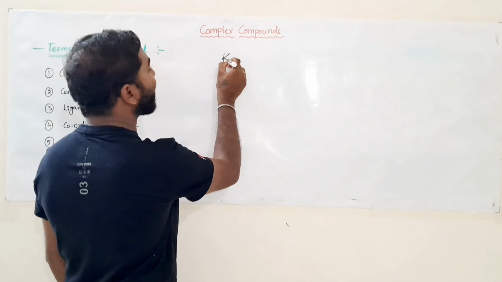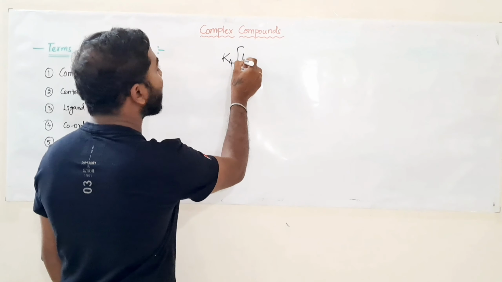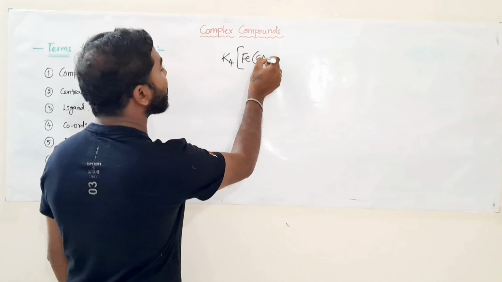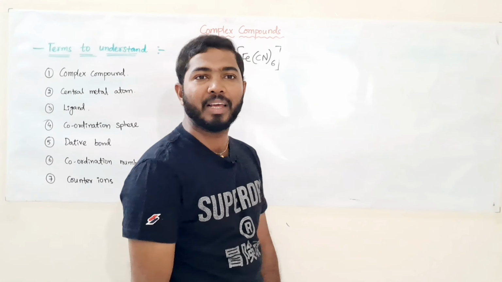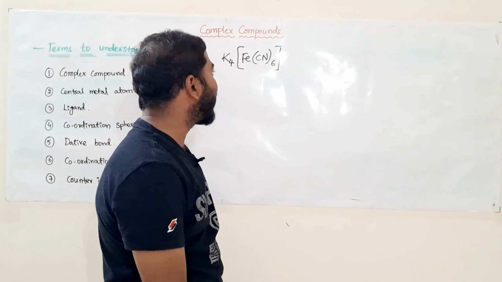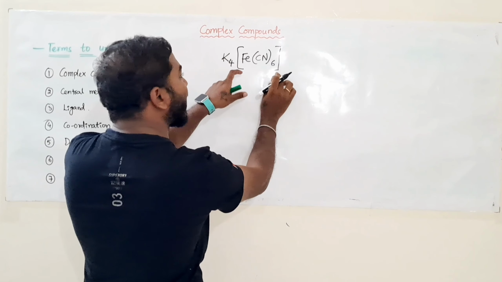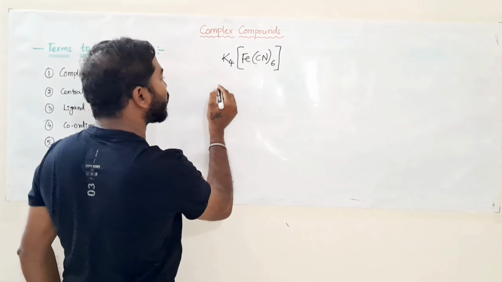You must have come across this type of compound, K4[Fe(CN)6]. This is an example of a complex compound. The square bracket part is called the coordination sphere.